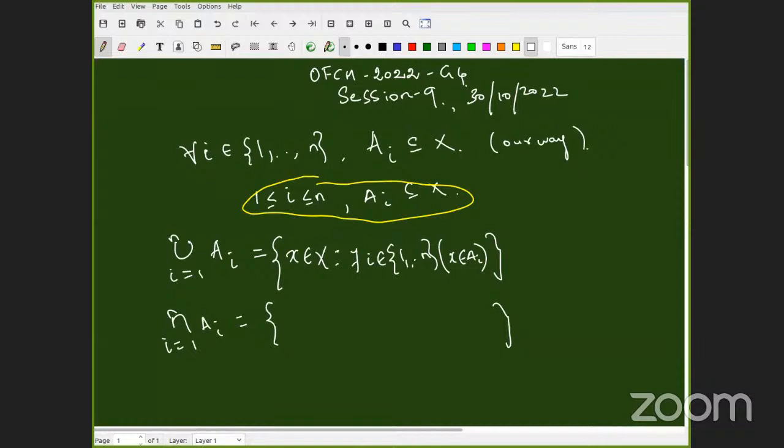Let's go to someone from R9. Akhilandeshwari: X belongs to X such that for all I belongs to 1 to N, X belongs to AI. Correct. Fantastic. Good.